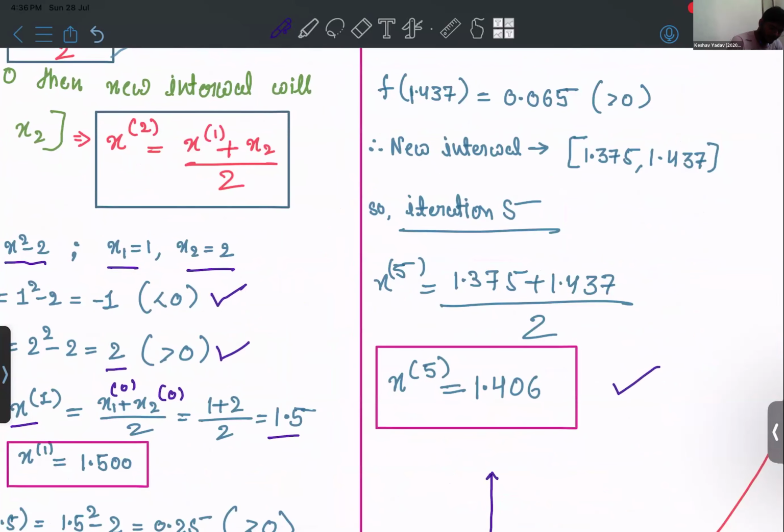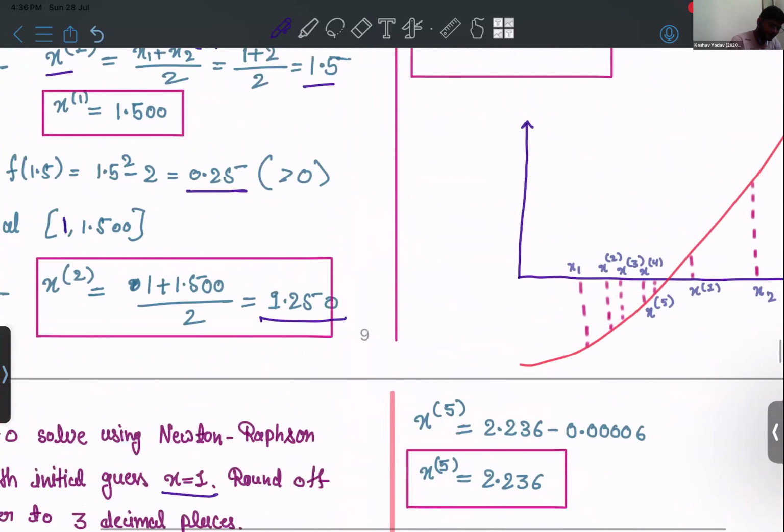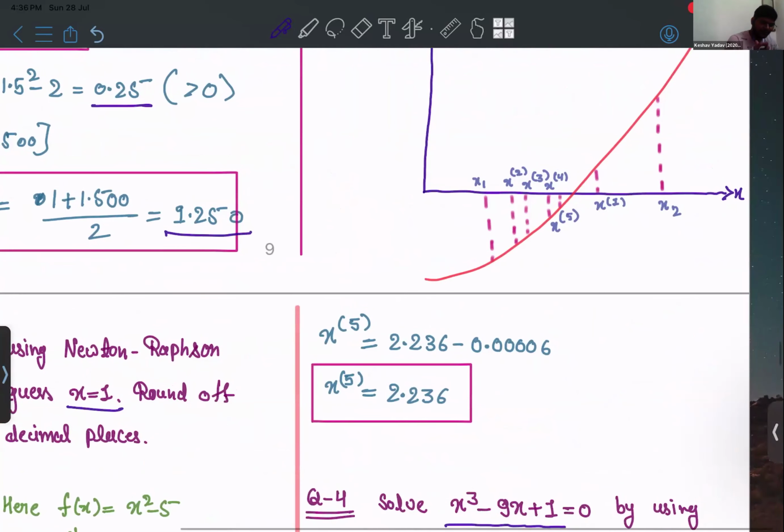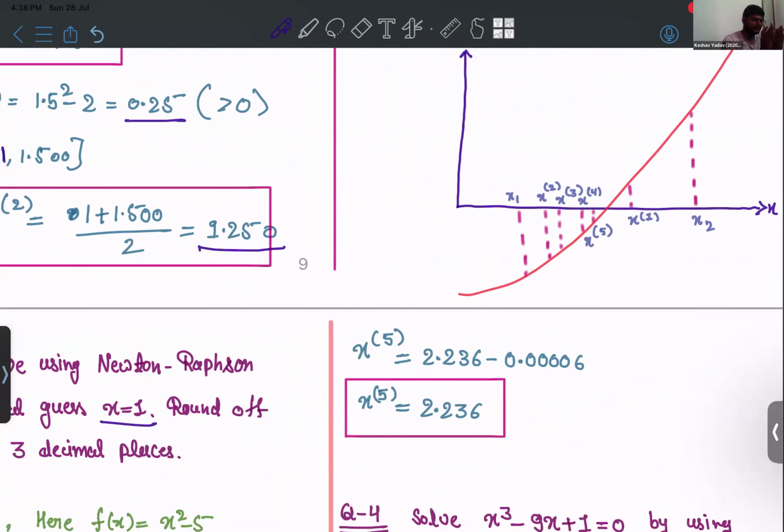So at the fifth iteration, we got this value 1.406. Okay. So like that, our interval will converge as we move forward. The beauty of the bisection method is that it guarantees to converge, although it converges very slowly compared to other methods.